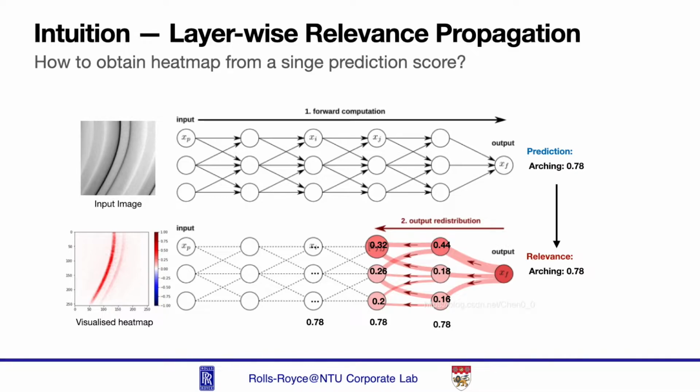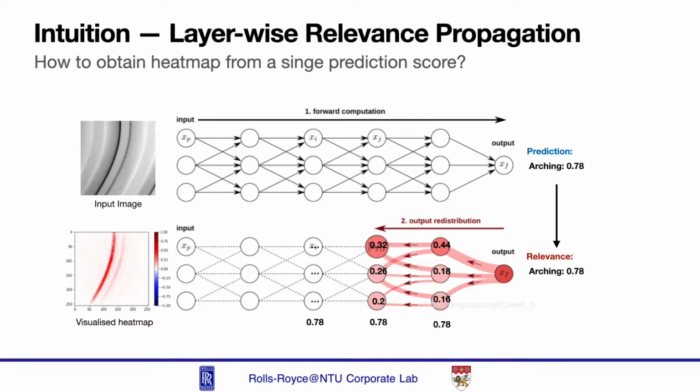You can see that we get the prediction result 0.78 for our chain, and we use this 0.78 as our relevance score, and then we redistribute this relevance to each neuron in the mid layers. By doing this, we know exactly which neuron within the network contributes more and which contributes less.